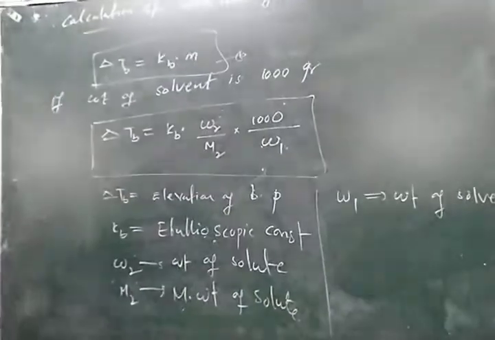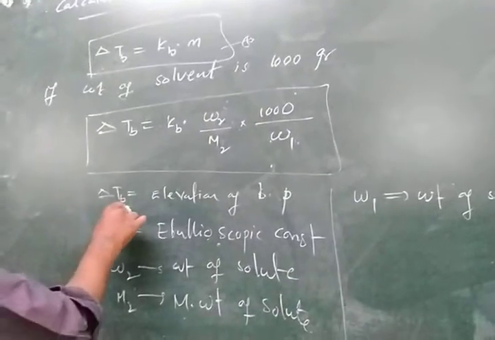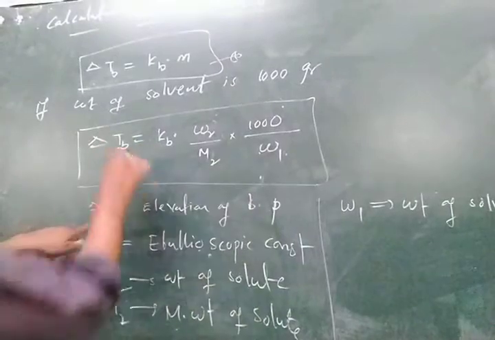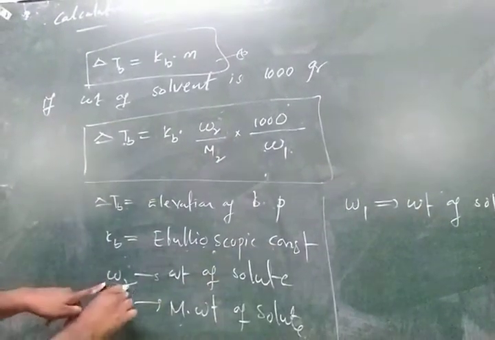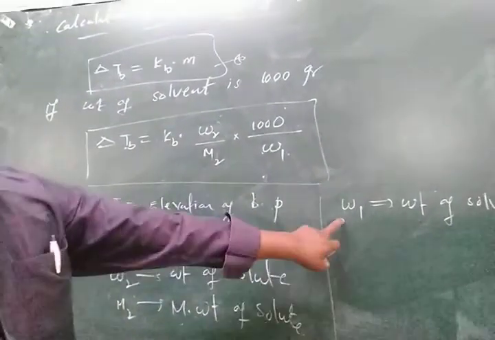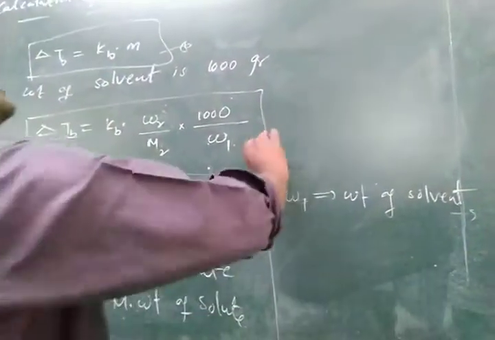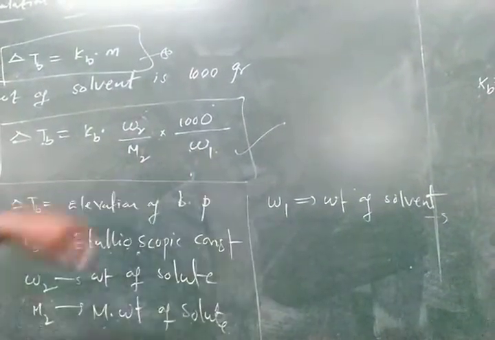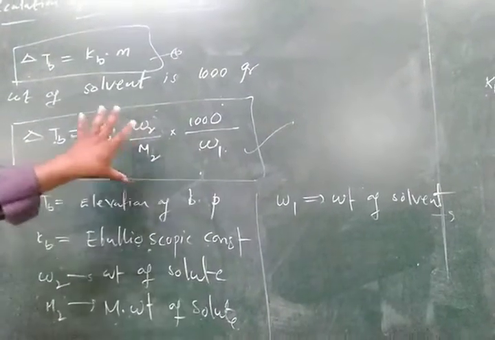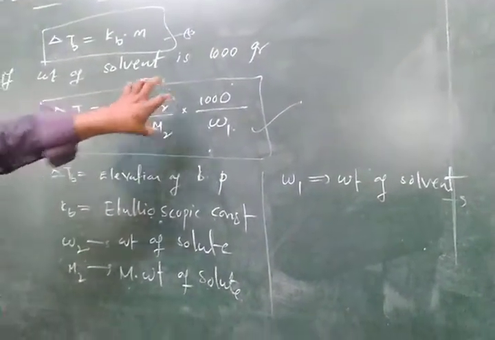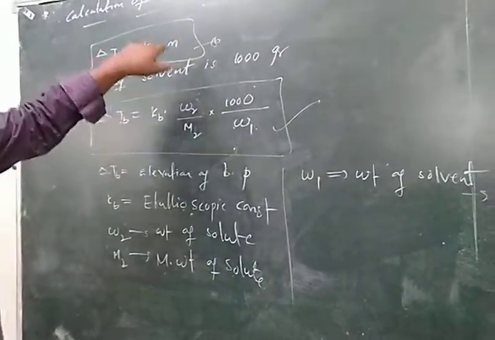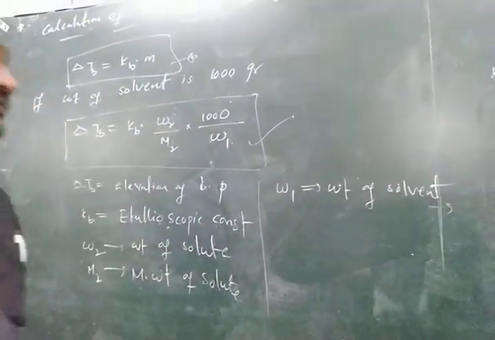Here Kb is the ebullioscopic constant, W2 is the weight of solute, M2 is the molecular weight of solute, and W1 is the weight of solvent. By using this formula we can calculate the molecular mass of solute, the weight of solute, or anything. Mainly we can calculate about the solute. So this is the relationship between elevation of boiling point and molecular mass of solute or weight of solute.